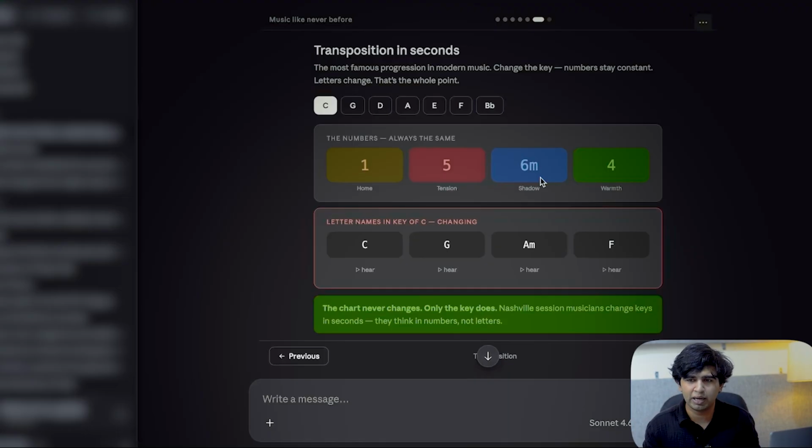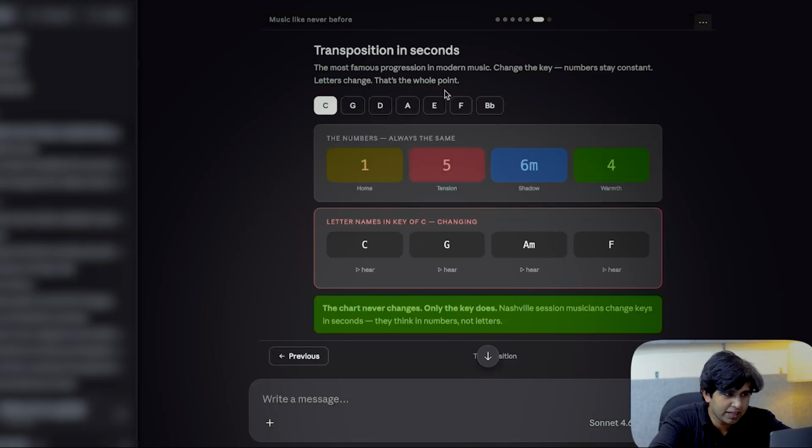Because in today's time, the need of a session musician is to learn so many songs at once, right? If you just learn the songs the old classical way or with the help of a sheet, it would be a little hard for you. So it's better that you understand this system so that it helps you navigate all the keys.